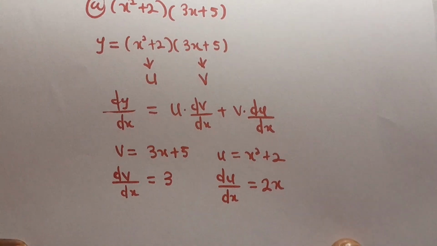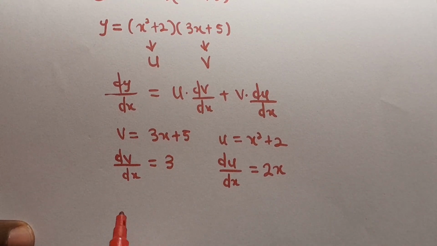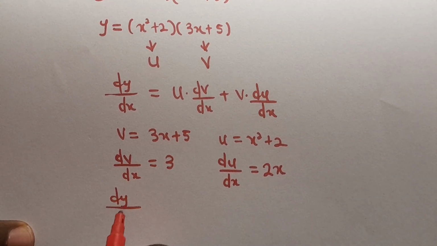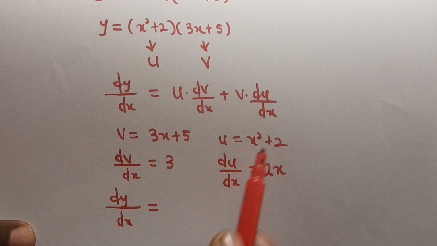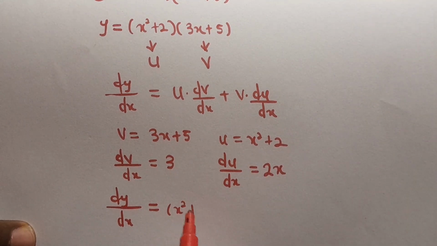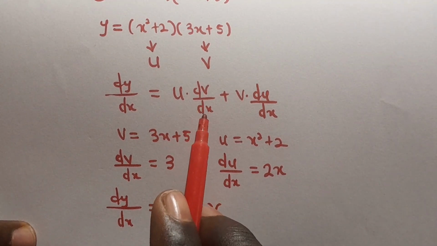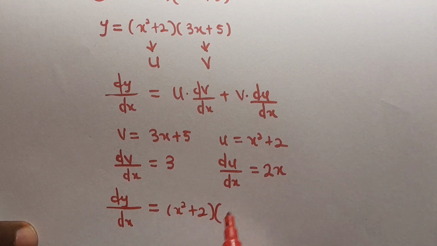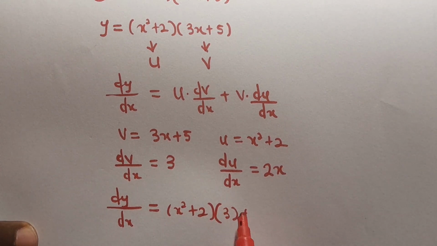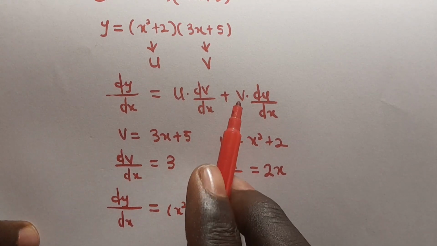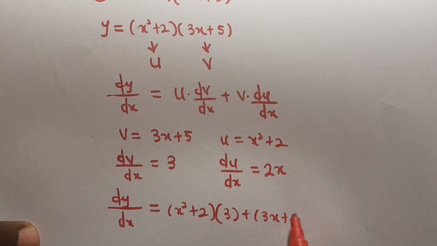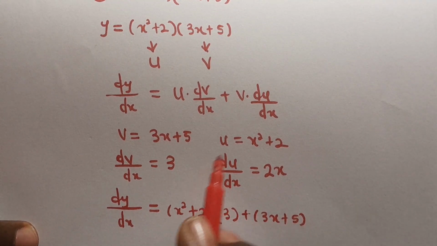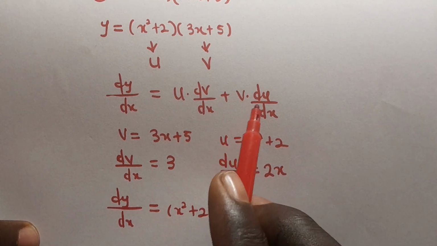We have dy/dx to be equal to u, x squared plus 2, then d phi/dx equals 3, plus phi, 3x plus 5, then du/dx equals 2x.